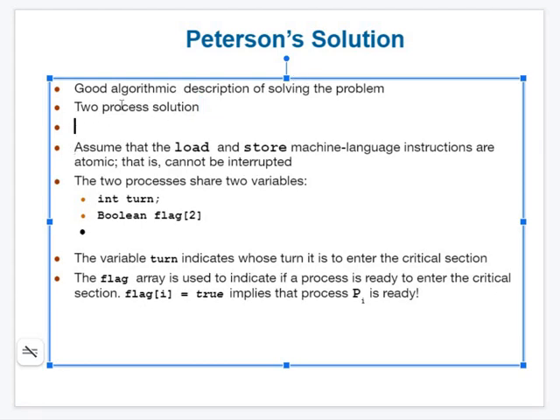Now, it is one of the best algorithmic descriptions for solving the critical section problem. It is applicable only when there are two processes, not good for three or more processes.